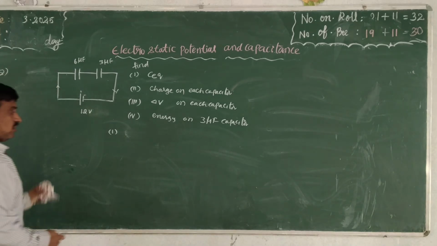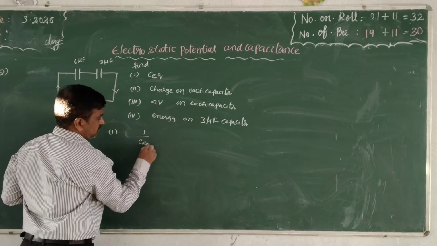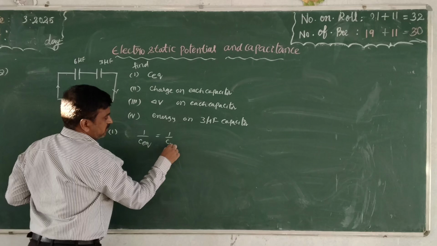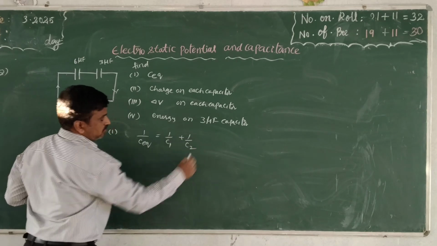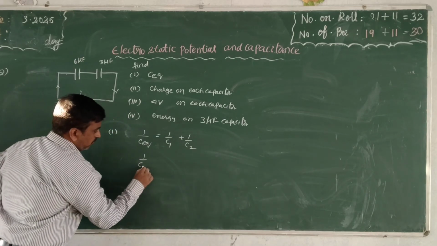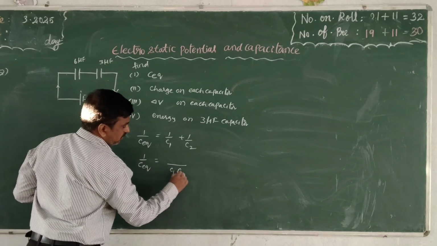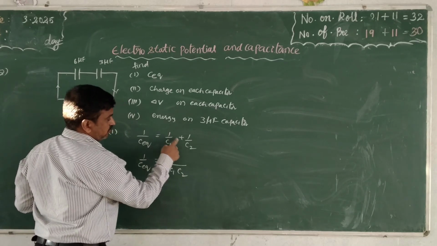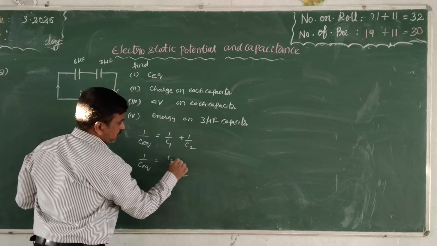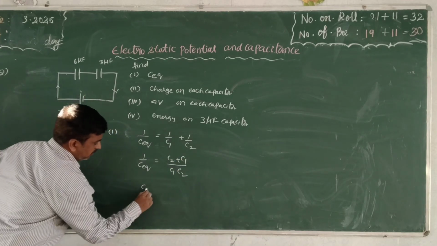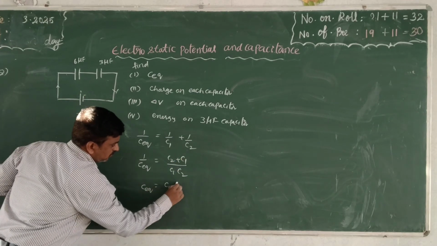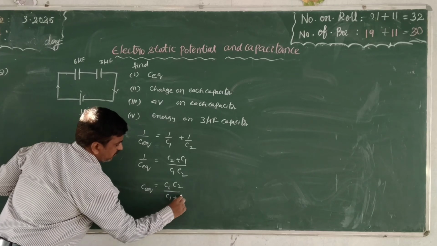In series combination, 1 by C equivalent equals 1 by C1 plus 1 by C2. From this, taking the LCM C1 C2 and cross multiplying, we get C2 plus C1 in the numerator. So C equivalent equals C1 C2 by C1 plus C2.